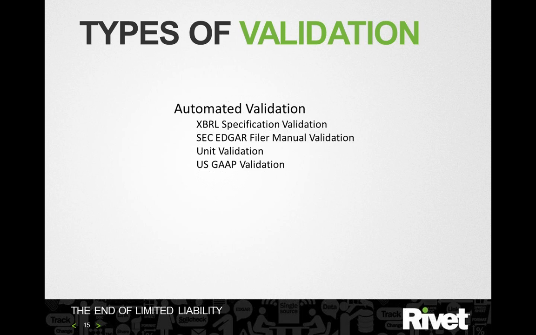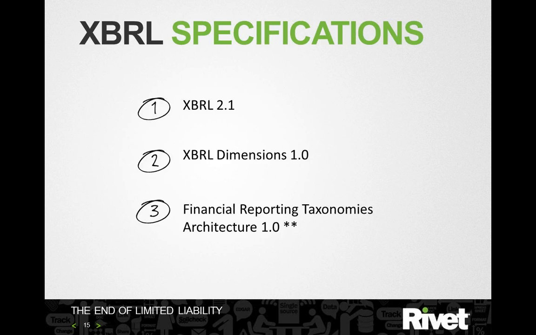Each of these have hundreds of rules related to them, but I just wanted to go over the basic categories. And so first I'll talk about different XBRL specifications and validation and the SEC EDGAR Filer Manual, and I'll hand it back to Campbell who'll talk about units validation and US GAAP validation.